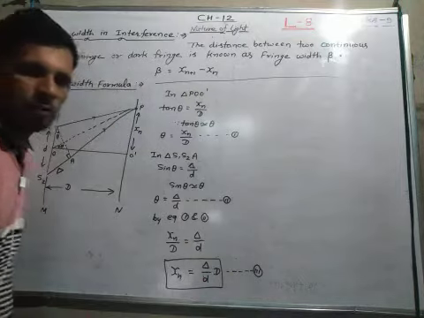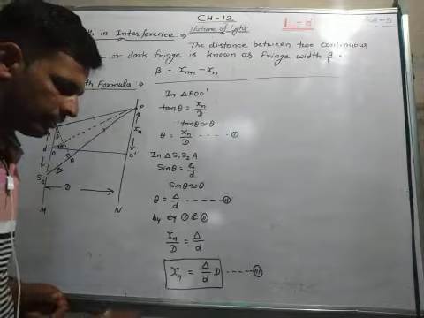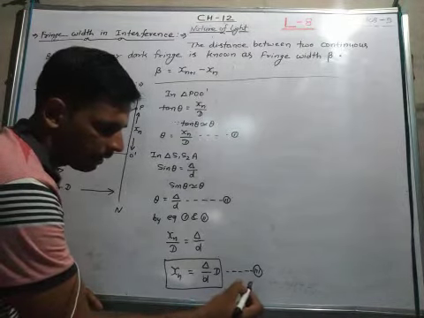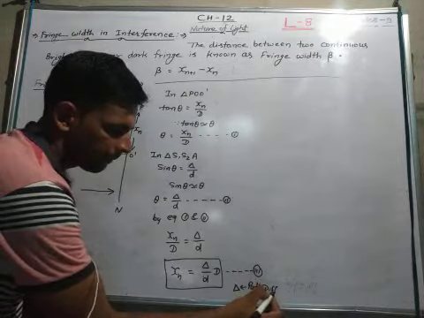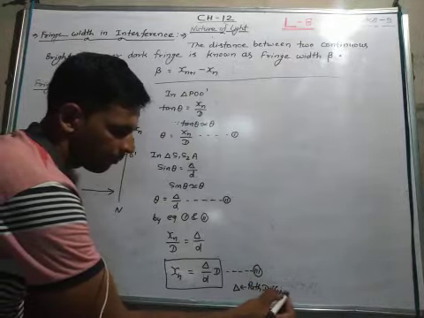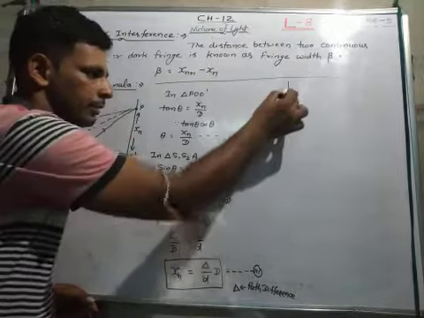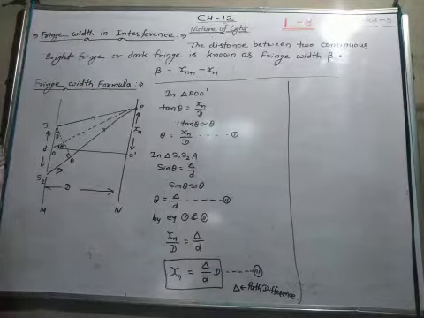We use this formula for both dark fringe and bright fringe. Here delta is the path difference. This is the common part for bright fringe and dark fringe.